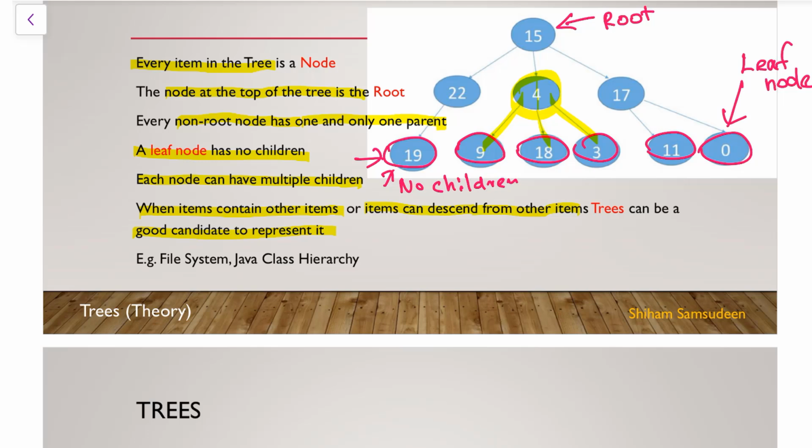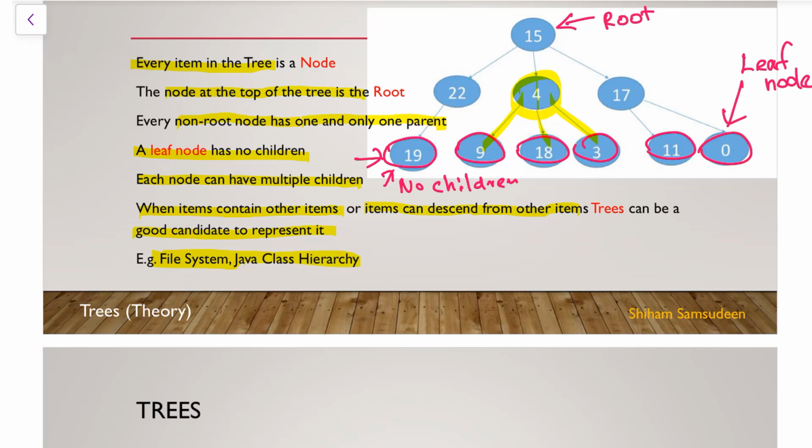Here are examples. We have the file system, right? In Windows Explorer, you have folders. Within the folders, you can have multiple nested folders, as well as files. So that is basically a hierarchical data structure.